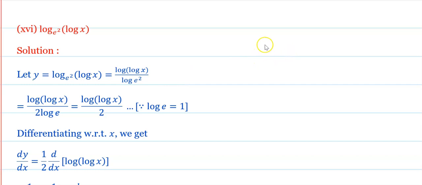Suppose that you have log of m to the base n. It can be written as log of m to the base a upon log of n to the base a.